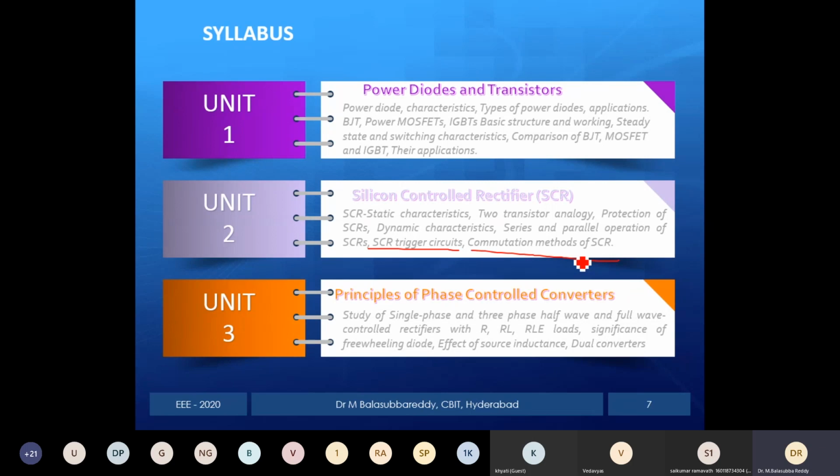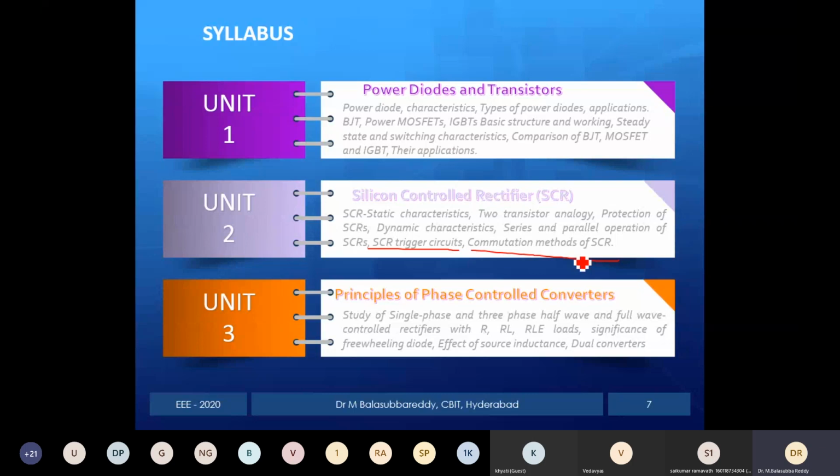But in our case, in the power electronics subject, I will define the term power electronics also after this slide. At the moment, uncontrolled devices are not preferably used in power electronics. We will use only the controlled output.